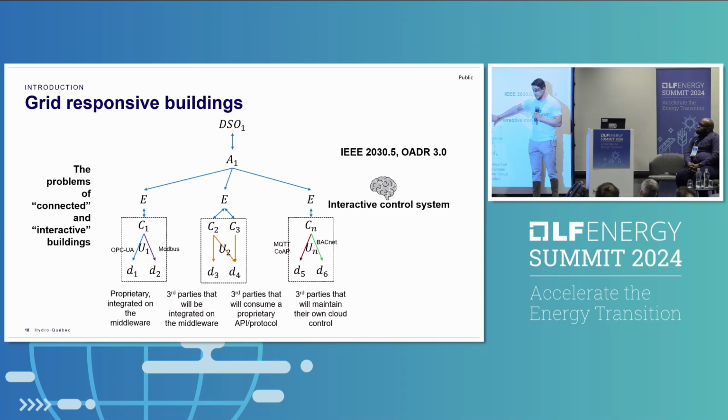We can distribute the brain. It doesn't necessarily need to be on the aggregator or on the cloud. It could be on the edge. It can do the protocol conversion, or it can talk directly to the controller that already exists, okay?